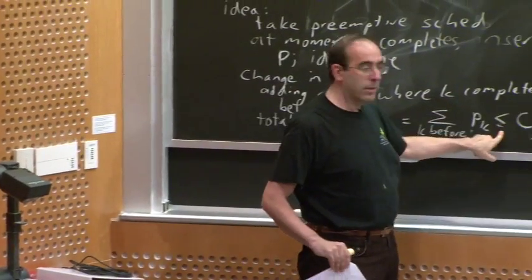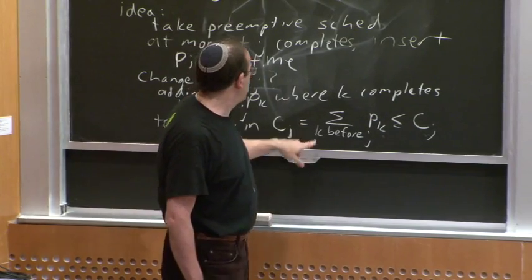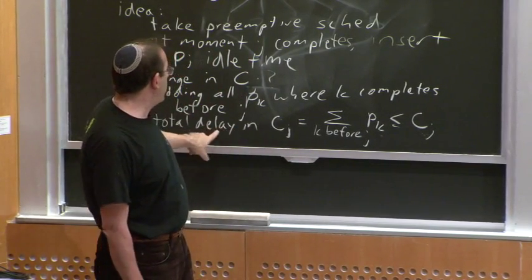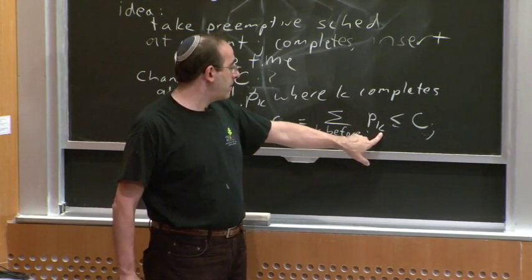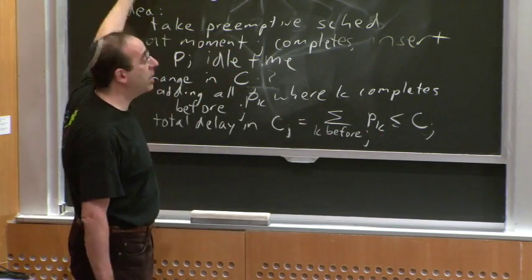Why is it at most 2 times? Well, remember, what we're doing here is we're looking at all of the processing times of jobs that finished before job J on this one machine.